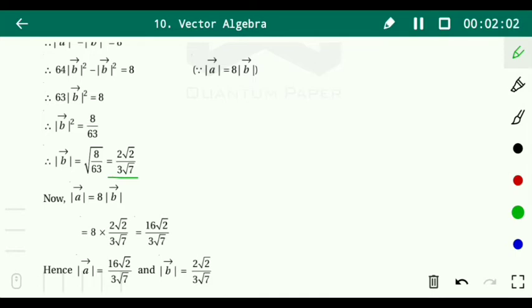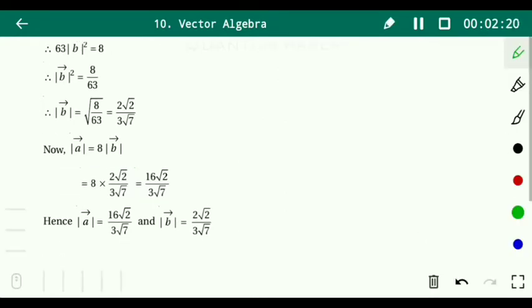Now we know that magnitude of vector A is equal to 8 times magnitude of vector B. Now put the value of magnitude of B as 2 root 2 upon 3 root 7. So the value of magnitude of A will be 16 root 2 upon 3 root 7. Hence magnitude of A is equal to 16 root 2 upon 3 root 7 and magnitude of B is equal to 2 root 2 upon 3 root 7.